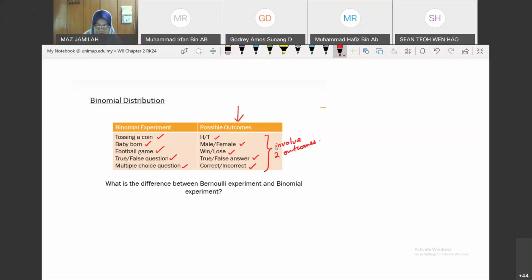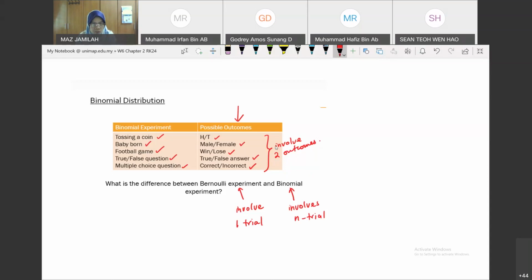Good attempt. Yes, Bernoulli involves only one trial, but binomial involves n trials. Bernoulli and binomial will both have two outcomes. Whatever the outcome is, it will be defined under two outcomes.